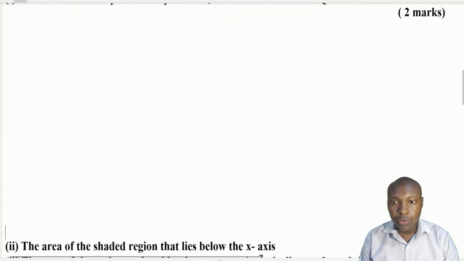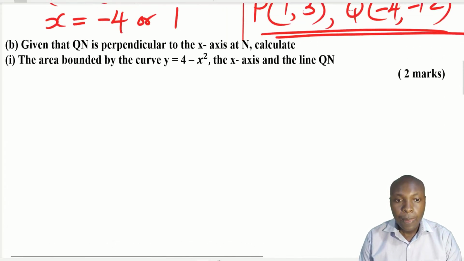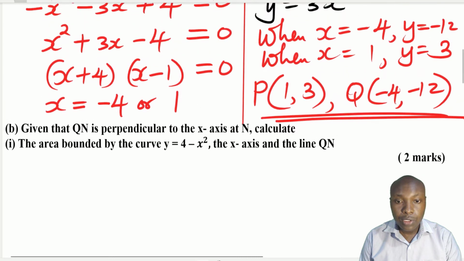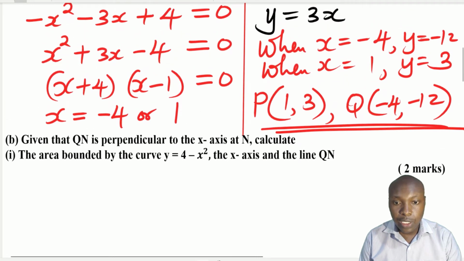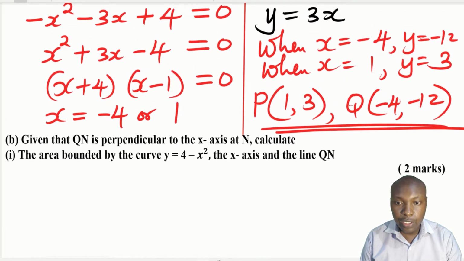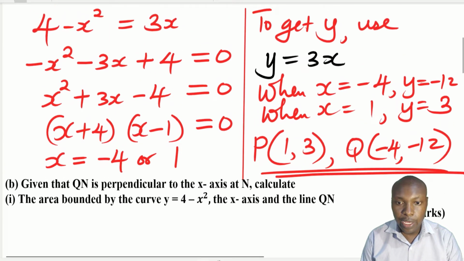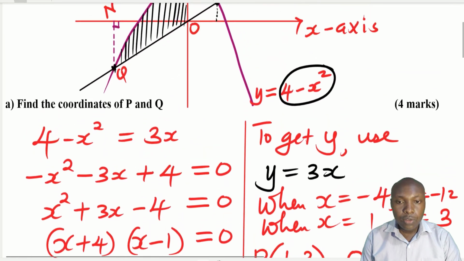Let's go to the second part of the question, where we are required, given that QN is perpendicular to the x-axis at N, to calculate part 1, the area bounded by the curve y = 4 - x², the x-axis and the line QN. Let's go to the diagram and see.